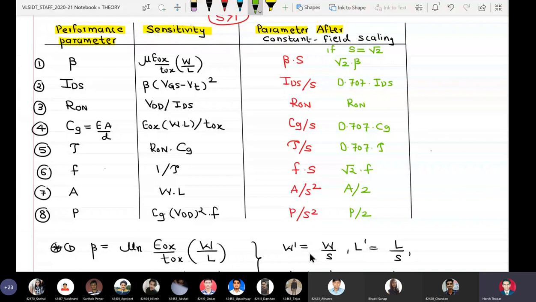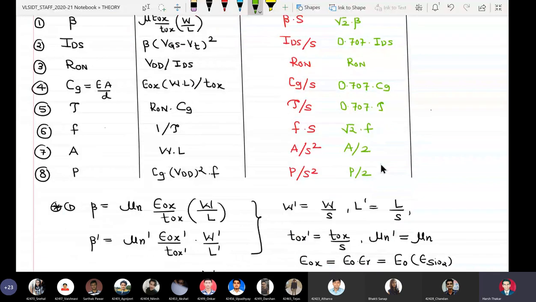We see here in the area and power aspects, we are getting a square law benefit by scaling down a transistor. So we see here that frequency is multiplied by a number greater than 1, area is getting divided by a number greater than 1, and power dissipation also is getting divided by a factor greater than 1. That means we can say this is good.